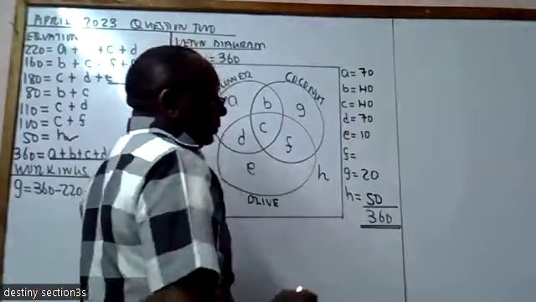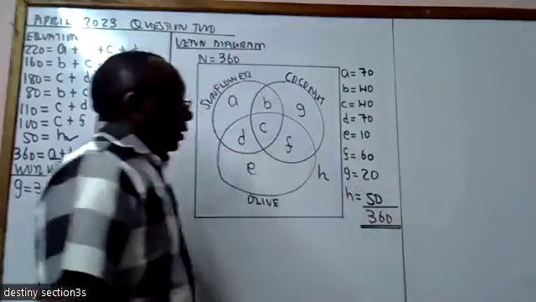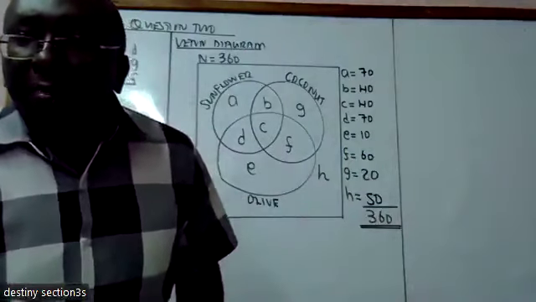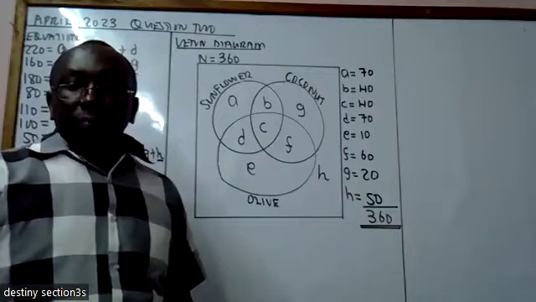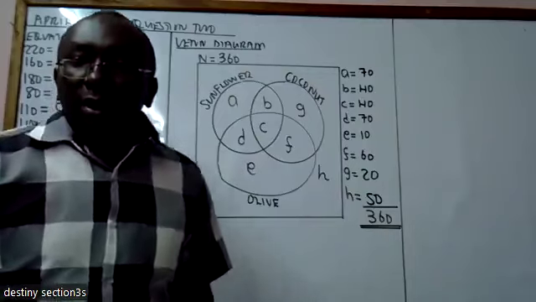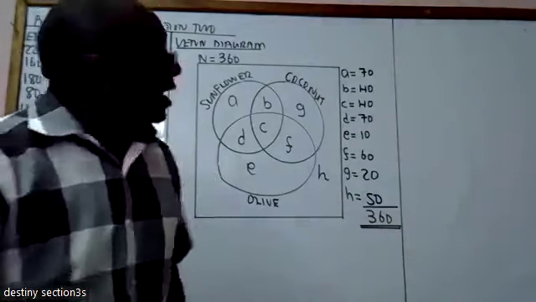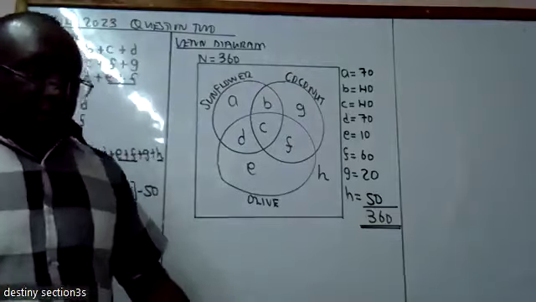F. F is 60. G, and H we have gotten. Let me hear. Beatrice, do you agree with those figures? Yes, sir. Good. Hilary, I can see you already have sent the figures. So that is good. So that question is completed to that extent.